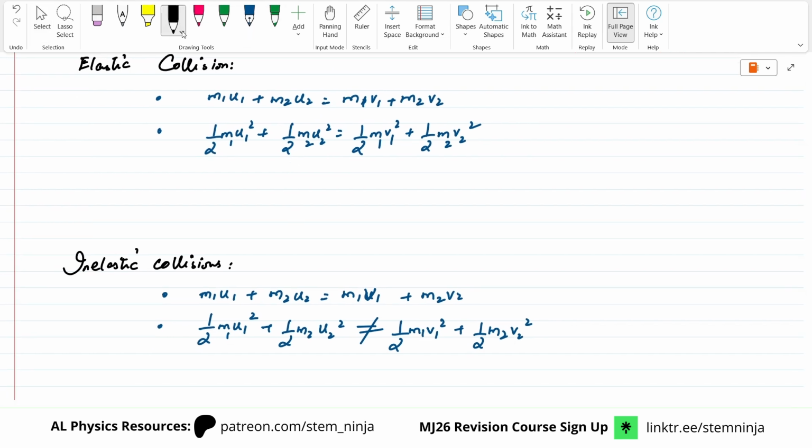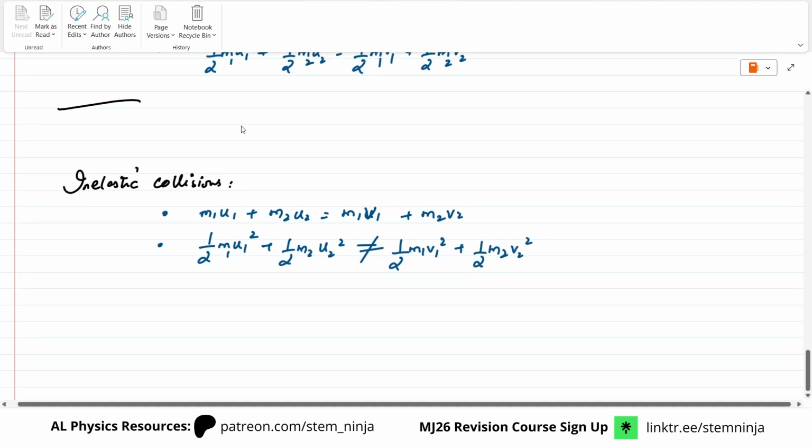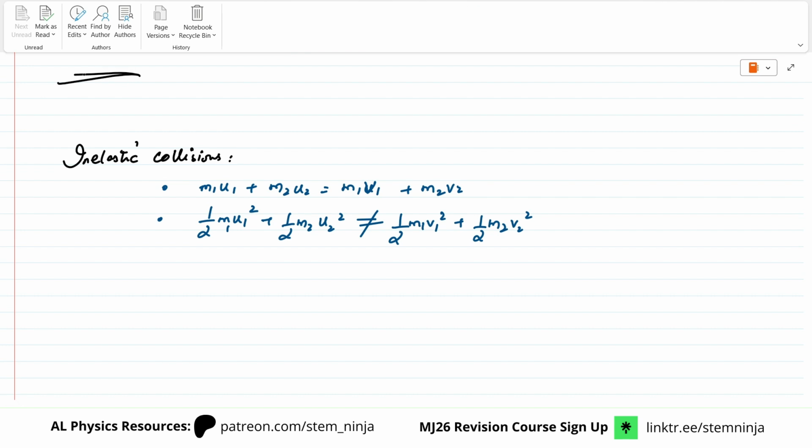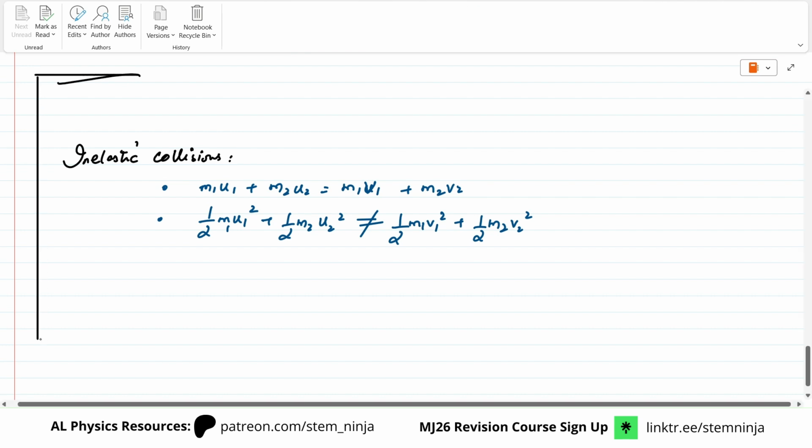Now, when you have perfectly elastic collisions, meaning everything is conserved, there's a special scenario over here. So I'll make some space for this. Perfectly elastic collisions.